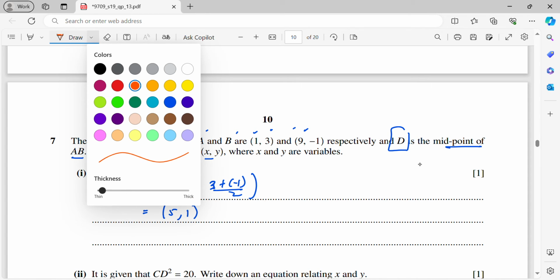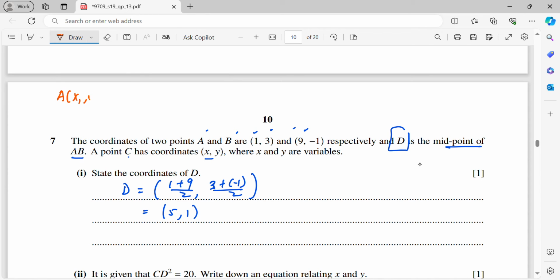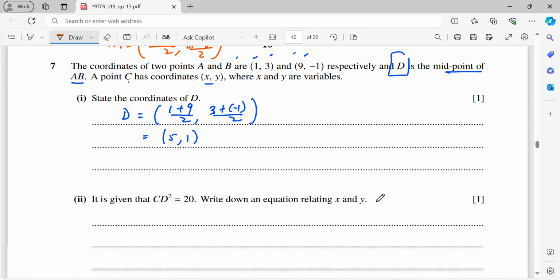For your info, if you are given 2 points, your midpoint M equals (x1 plus x2) over 2, (y1 plus y2) over 2. That's the coordinates of the midpoint. So done for this part.